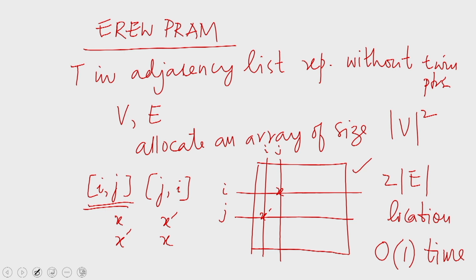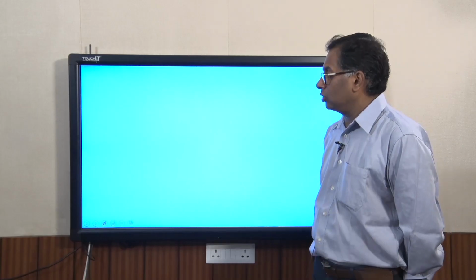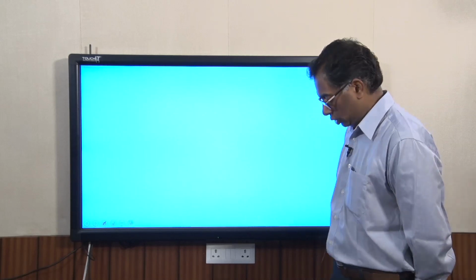So, we assume without loss of generality that the tree is available to us in the form of an adjacency list with twin pointers. Now, let us come to some tree algorithms.